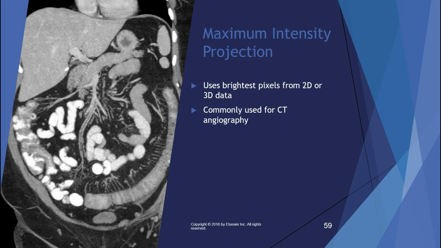Maximum intensity projections, or MIPS is what we call them, uses the brightest pixels from the 2D or 3D data, commonly used for CT angiography. And what it's doing is just taking the information that you have in your raw data. You tell the computer that you want it to make coronal images from the top of the diaphragm all the way down through the pubic symphysis.